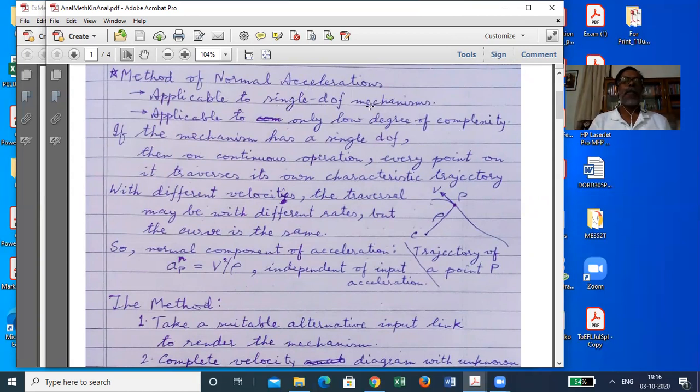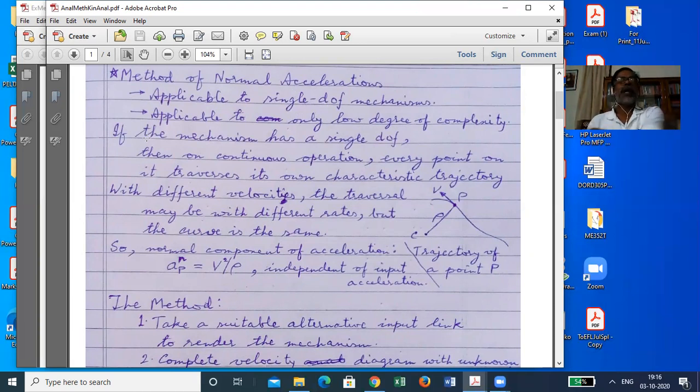Okay? So how does single degree of freedom help, and how does low degree of complexity help? Low degree of complexity helps because the procedure itself requires a change of input. Okay, single degree of freedom helps because of the underlying principle.